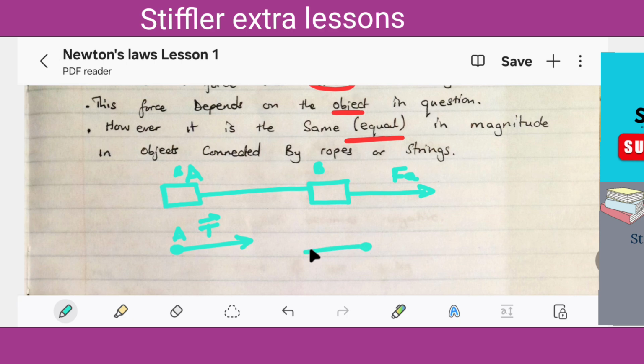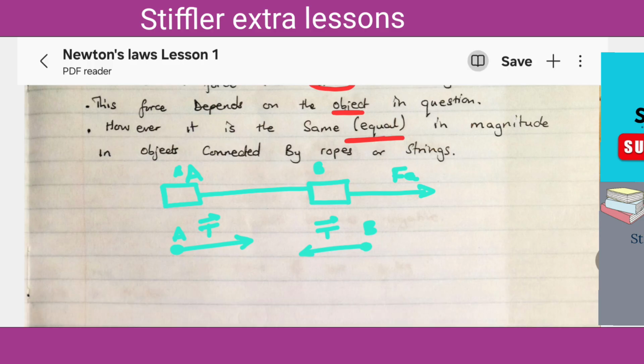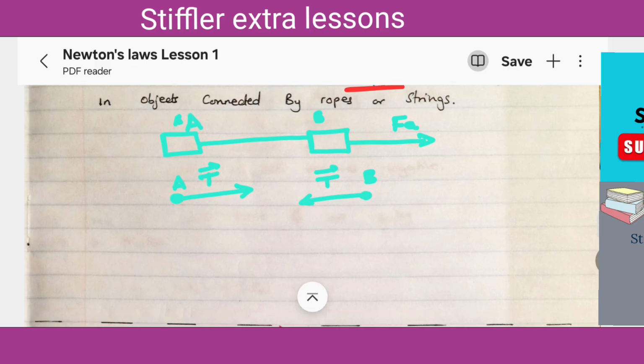This is also like action-reaction forces: if the action is done, there will be a reaction. So the tension according to object B will be in the opposite direction to that given by A.